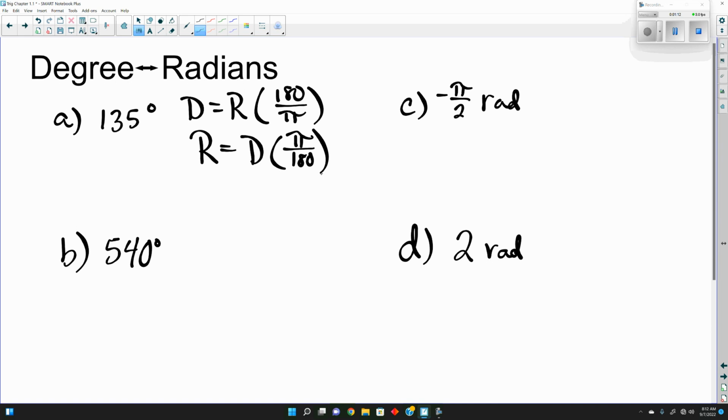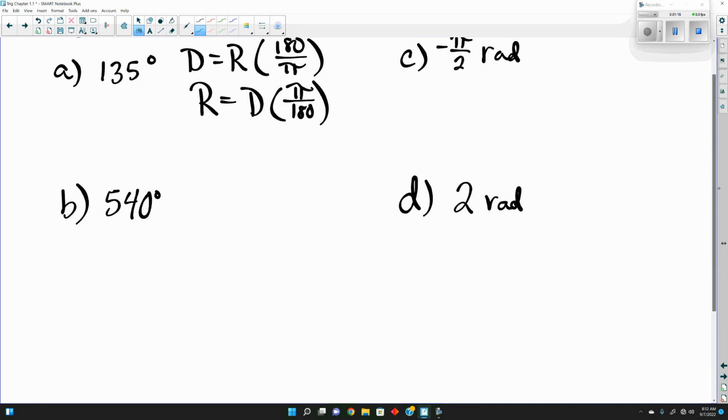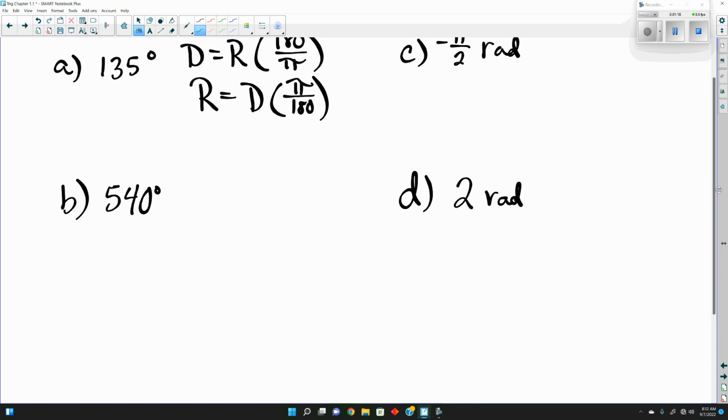Now for 2 radians, we can multiply it, so we're going to degrees, so we're multiplying the 2 by 180 over pi. And unfortunately on this one here, we're not able to simplify the pi's out.